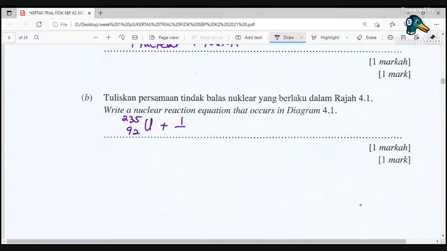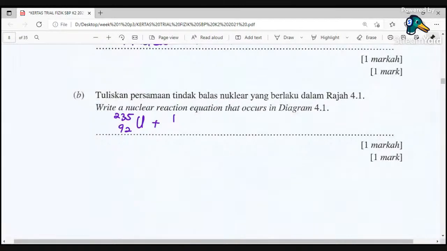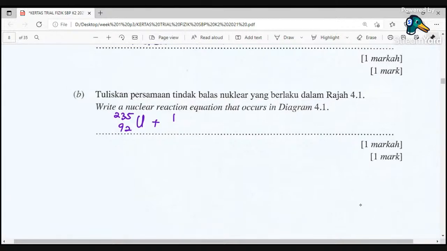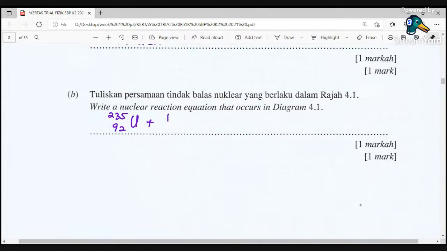Uranium bombarded by 1 neutron, so it becomes xenon 140 54 plus strontium 94 38 plus 2 neutrons.